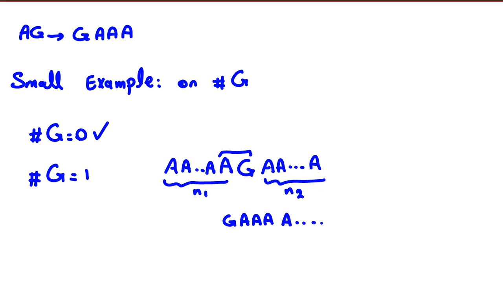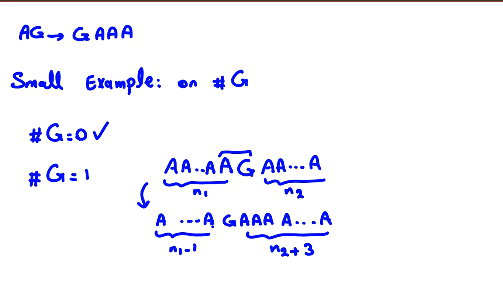And so, how many A's are there here? It will be N2 plus 3. And how many A's are left here? N1 minus 1. So with each step, the number of A's before G will be decreased by 1.